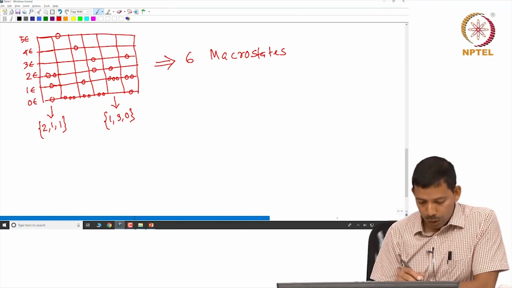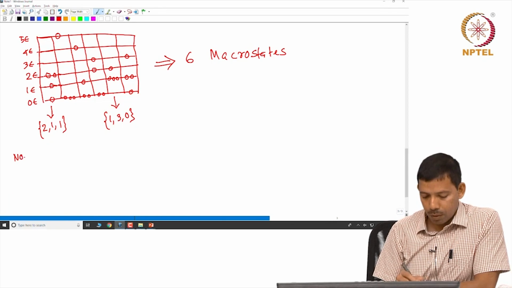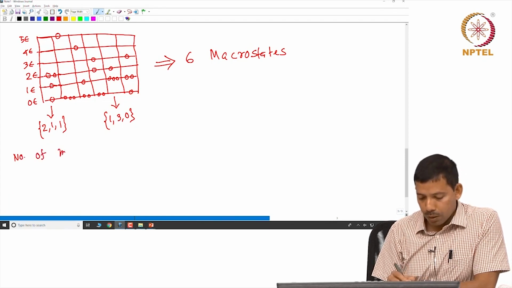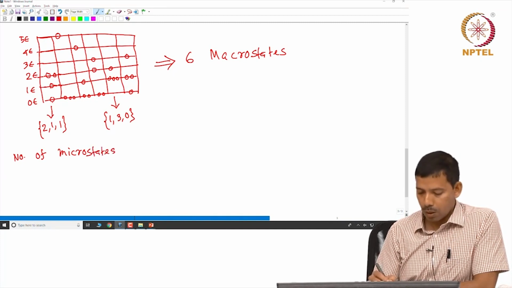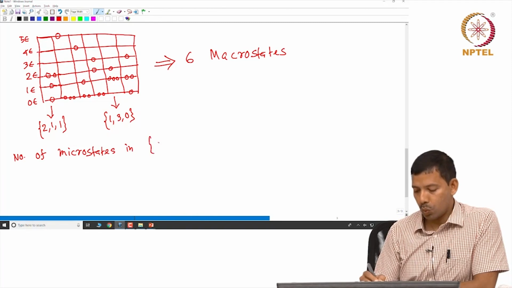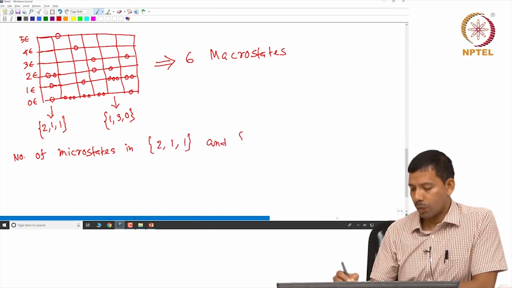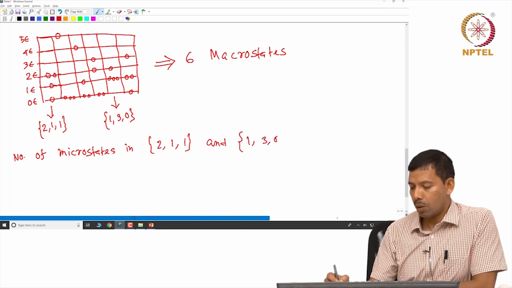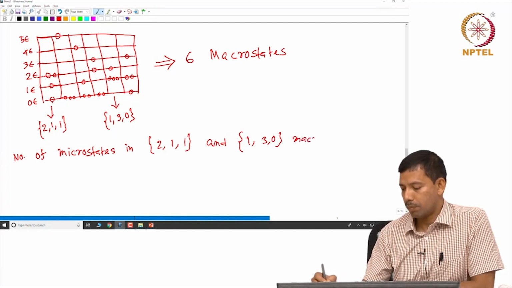So now the question is, what will be the number of microstates in 2 1 1 and 1 3 0 macrostates.